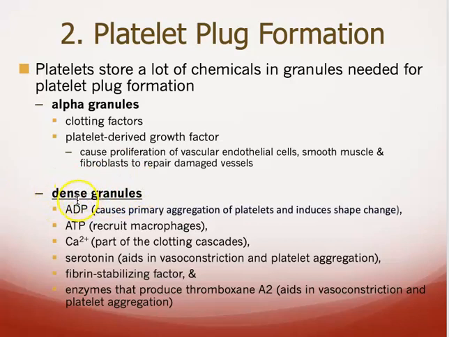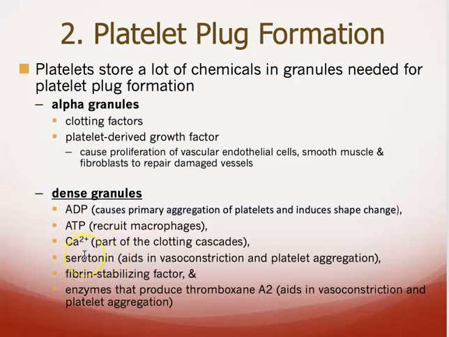Dense granules will contain all of these different things. So ADP, which is basically ATP with one of those phosphates removed. ADP causes the aggregation of platelets, and it induces them to change shape. We'll talk about that in a second. ATP will help recruit macrophages. Calcium is going to be used in every single step of that clotting cascade.